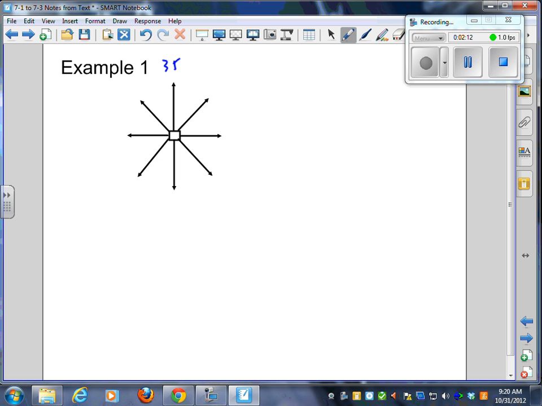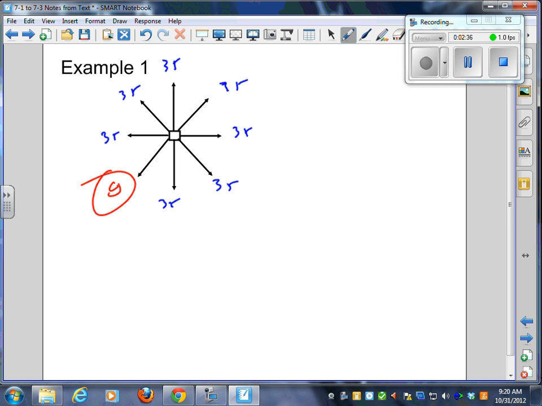35 newtons there, 35 newtons there, 35 newtons there, 35 newtons there, and 35 newtons there. Well, they got figure 8, but all the other ones, right? Well, if they were all applying 35 newtons, what would child number 8 need to do?